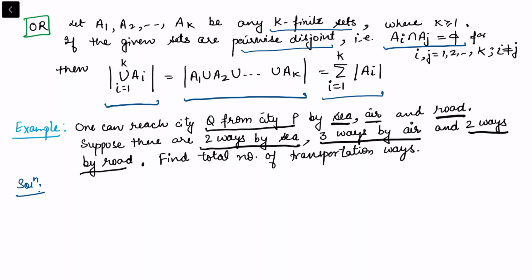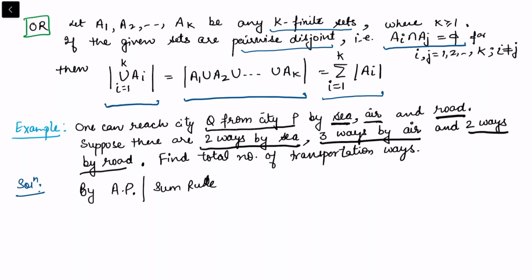We can see that this is disjoint if I consider sea as one set, air as another set and road as another set, or sea as one event, air as another event, road as a separate event. So there are 3 events, and of course you cannot club sea with air, so these are pairwise disjoint. So here we will apply the addition rule, or the addition principle, or the sum rule.